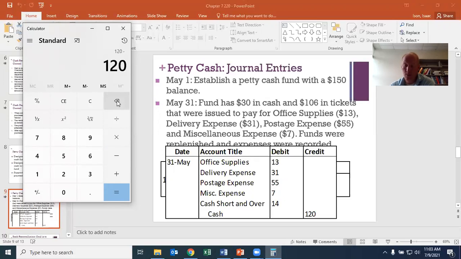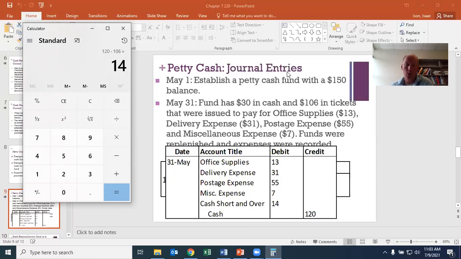Our credits are higher than our debits, so we need to add another debit of $14 to cash short over. Essentially what happened is someone forgot to put in a ticket or something like that.